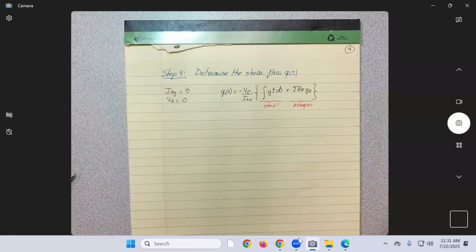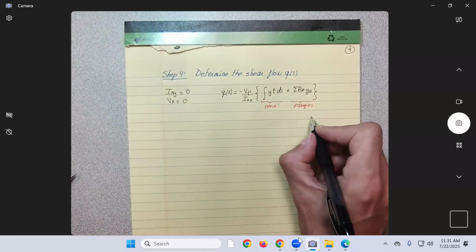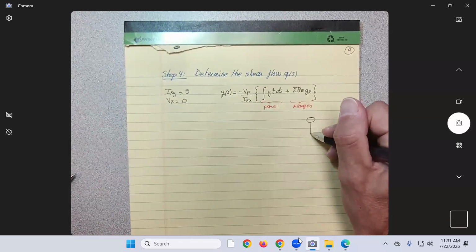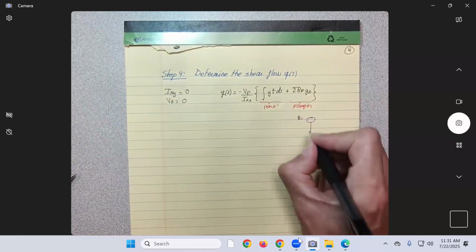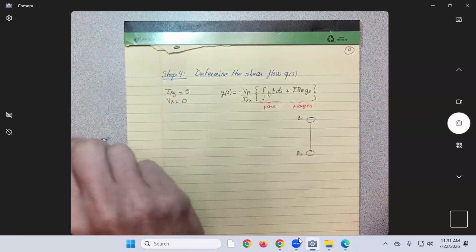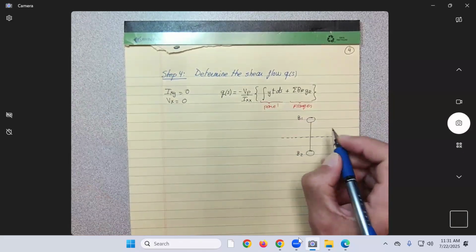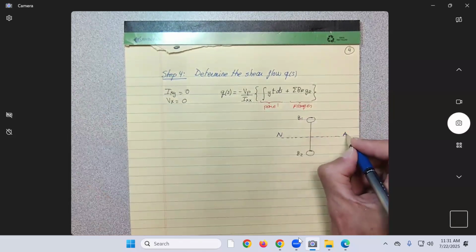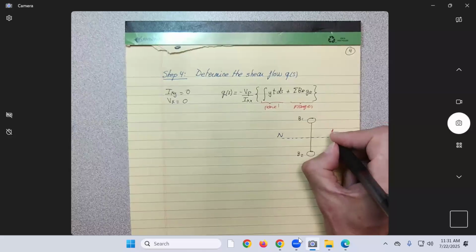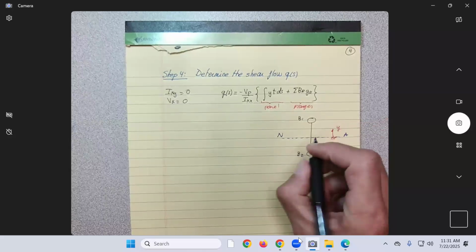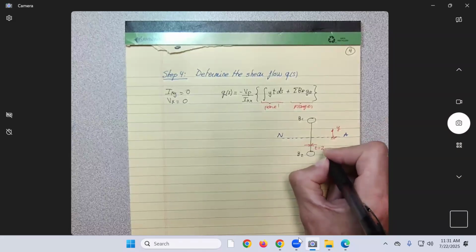All right, so let's do the figure. We have B1, B2. This will be the neutral axis. We know that from the neutral axis, we measure the Y. Thickness of the panel T is 2.